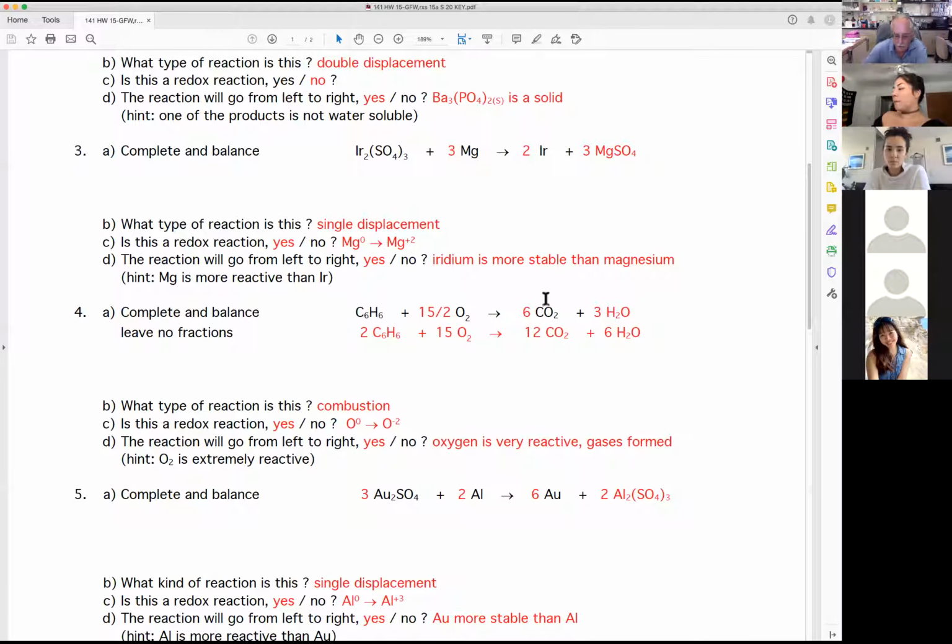It can either be a +2 or a +4, but it doesn't really matter. You went from carbon being negative to carbon being positive. So carbon got oxidized. And what oxidized it? The oxidizing agent, which is oxygen.